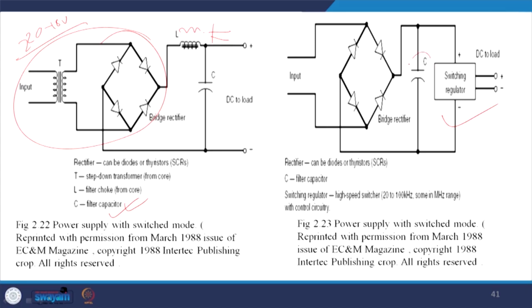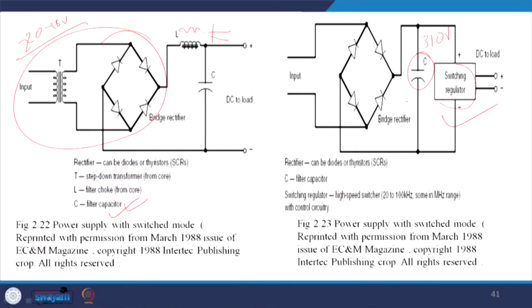We rectify, and ultimately this is 310 volts for India, because it will be driven almost to the peak value, not the average value, if it is not loaded. Then you have the switching regulator, which can be a high frequency DC to DC converter. Since it is high frequency, the unit will be compact.